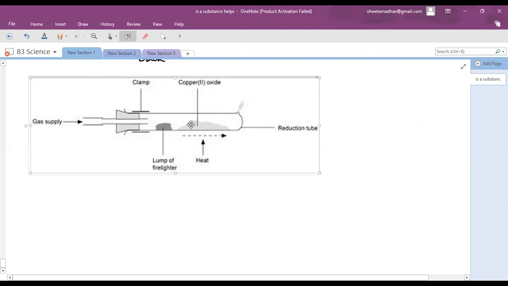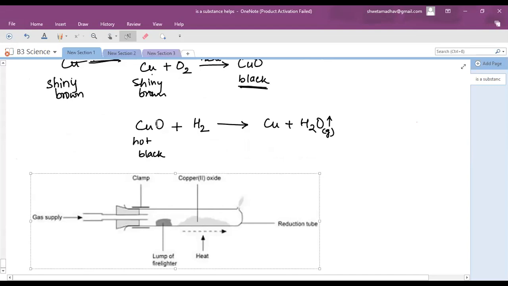And then here we can see the water vapors forming. These water vapors move out from this area, and copper oxide is converted back to copper. Clear? So this way, from copper oxide, we can get back the copper.